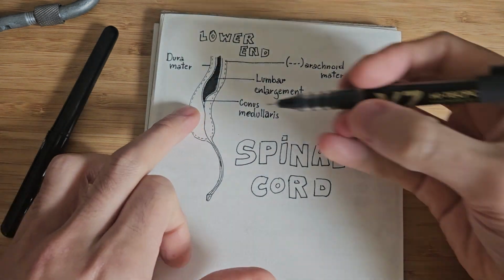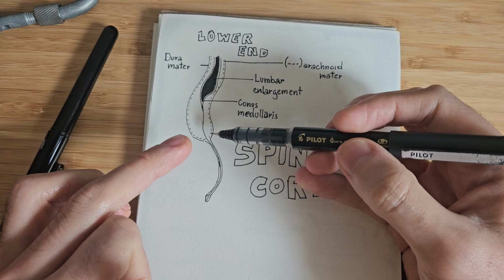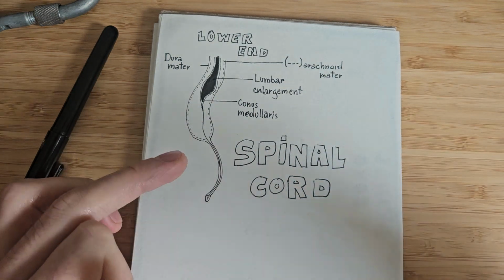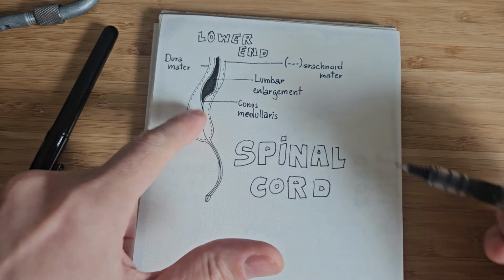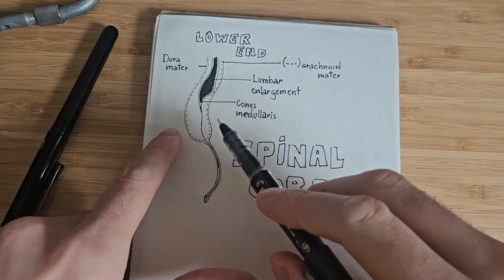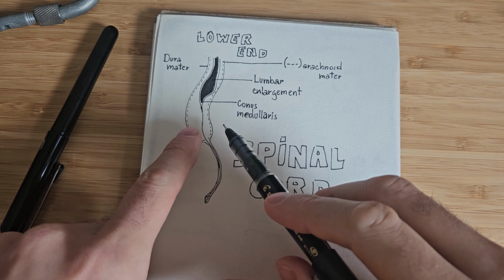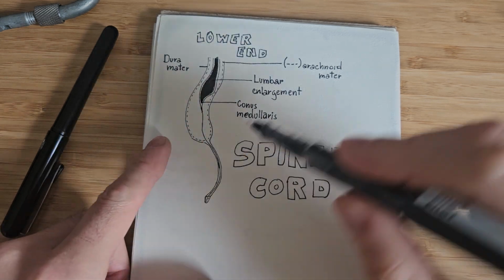And then what else? We have this filament here. This filament is actually the filum terminale. And where are you going to find the filum terminale? In the subarachnoid space, okay? The filum terminale is in the subarachnoid space.